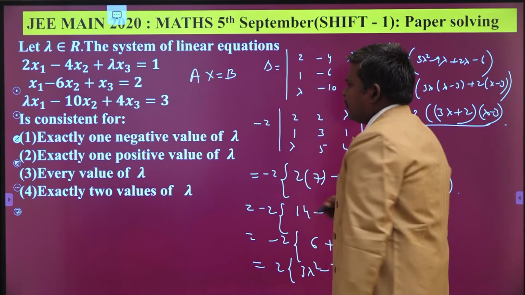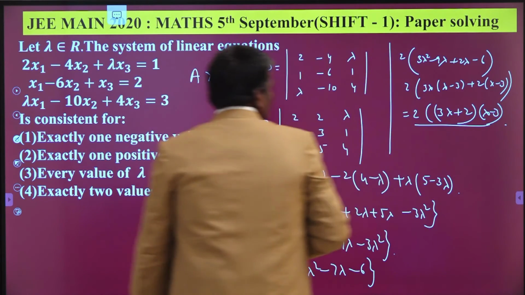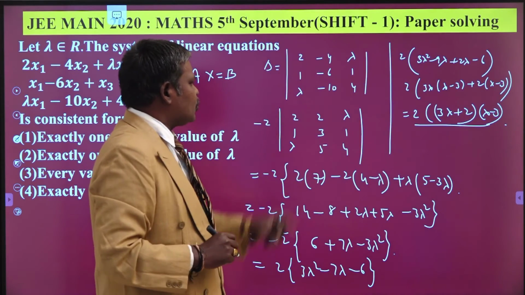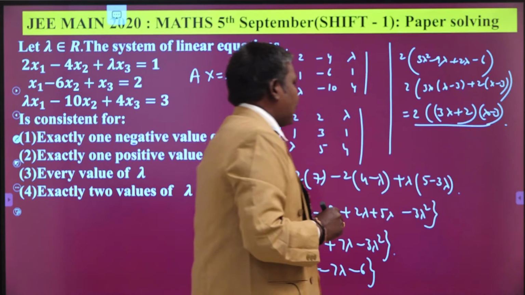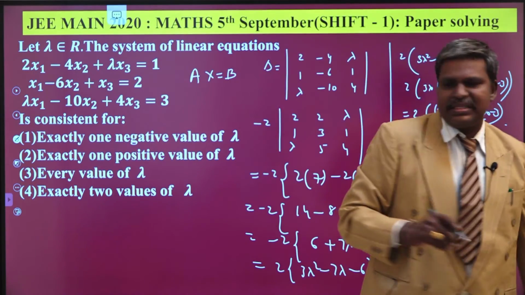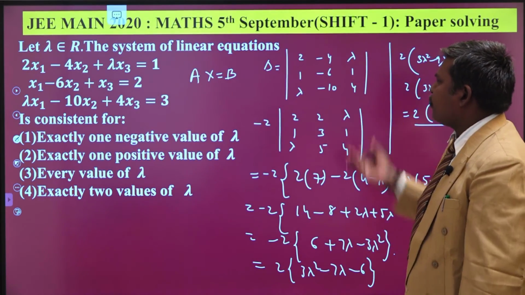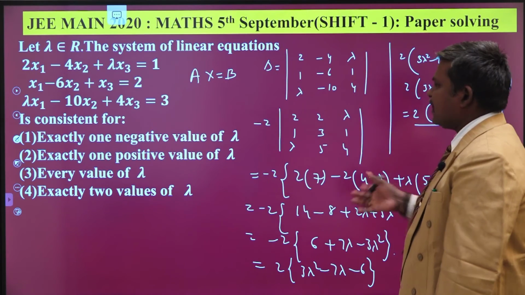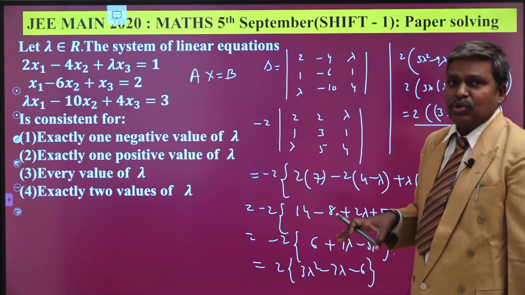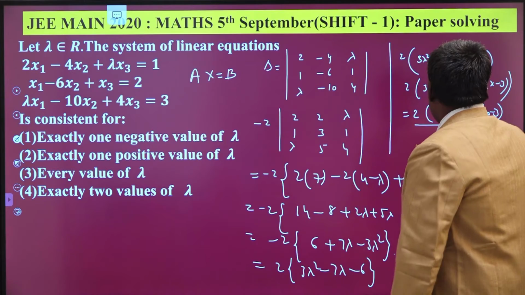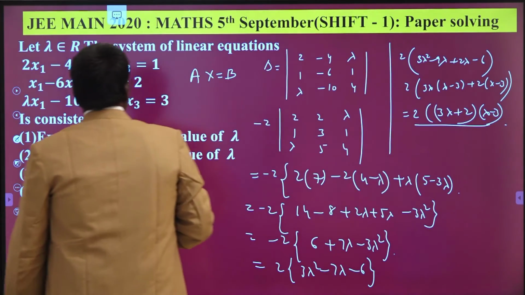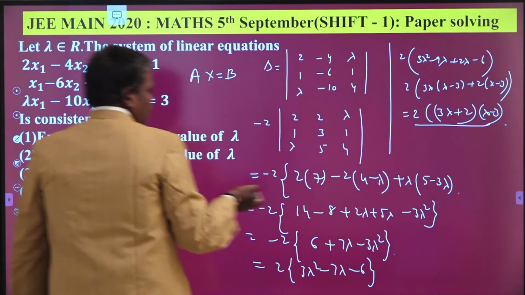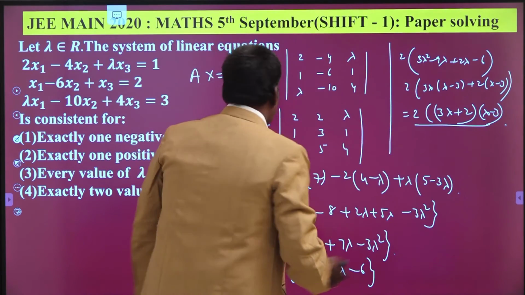This is delta. Again you have to find delta 1, delta 2, delta 3 and we have to check when it has no solution.